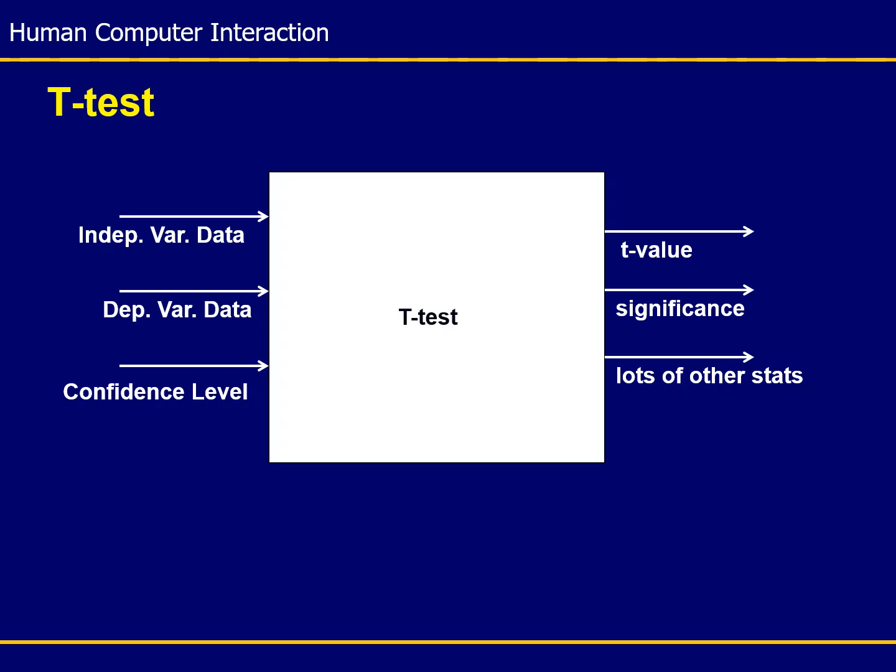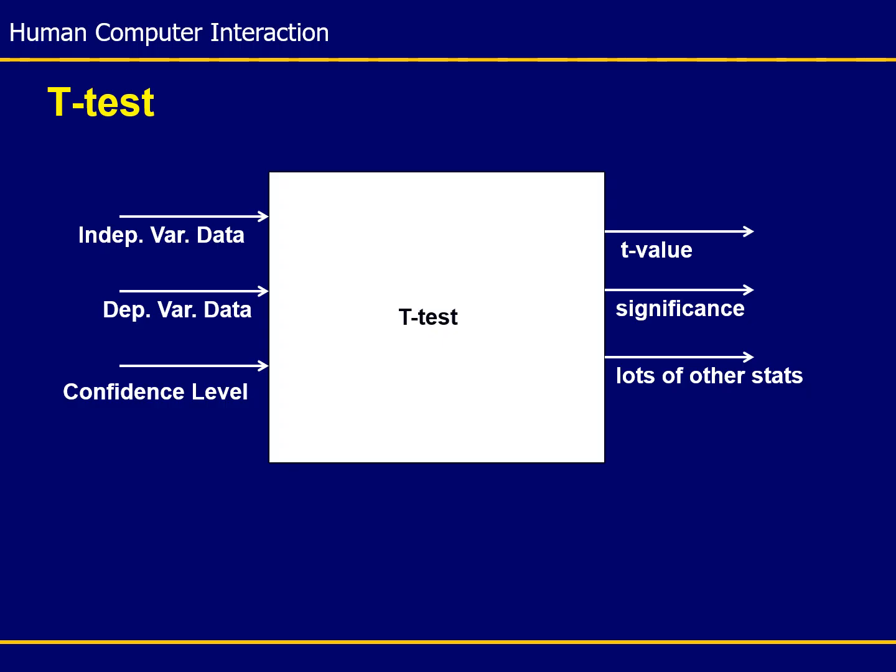Okay? Now, this is fed into the computations that the t-test makes, but I'm not going to go into that. The output of the t-test is lots of descriptive stats, because it's computing those along the way to do what it's supposed to be doing. But the most important output of the t-test is the significance, which is the probability of the null hypothesis. This will always be reported as the p-value. P stands for probability.